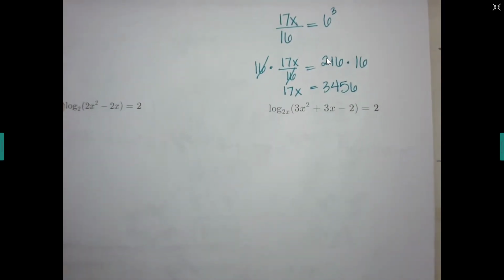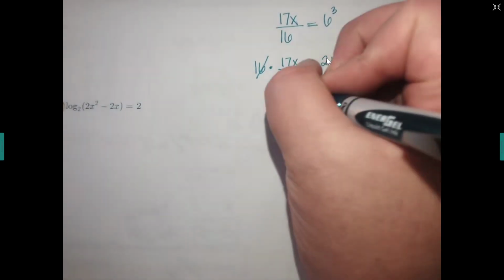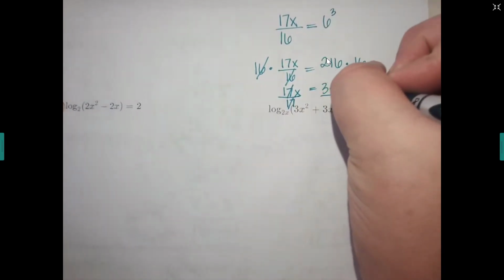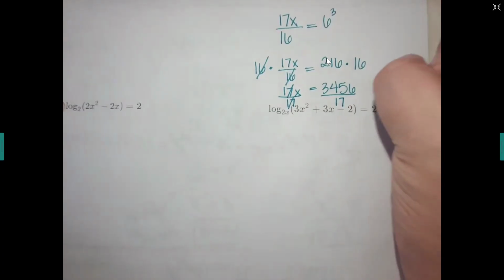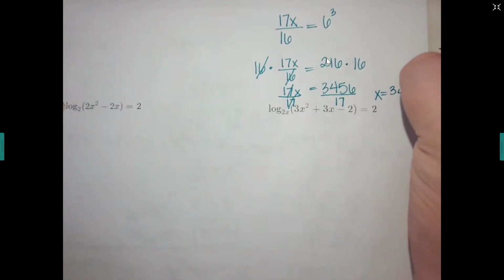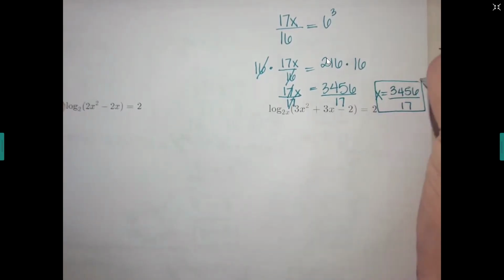Okay, and then from there, we're almost done solving. We still have to get rid of that times 17. How do we do it? Divide. And I am assuming that probably will not divide evenly, so your answer would just be that fraction. 3456 over 17.